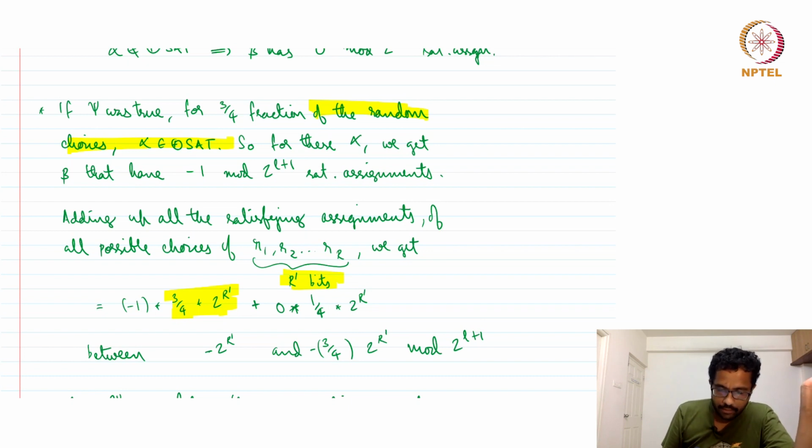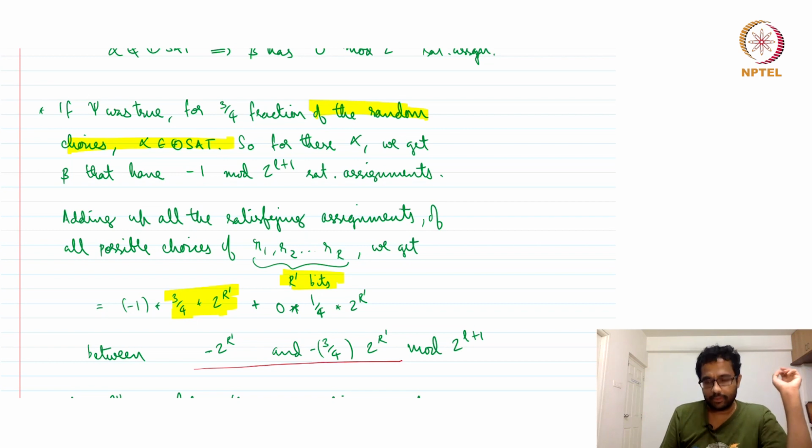So the total number of satisfying assignments is anywhere between minus 2 power r prime and minus 3/4 multiplied by 2 power r prime, because each yes instance contributes a minus 1 modulo 2 power l plus 1. All of this is modulo 2 power l plus 1. So it's either minus 3/4 2 power r prime or minus 2 power r prime or anywhere in between, right?